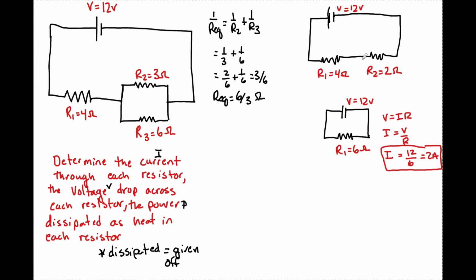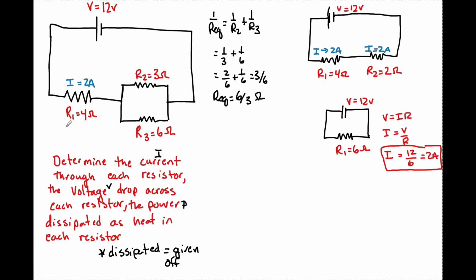So if I go up to this one that I just did right here, I now know that the I through this resistor is 2 amps and the I through this resistor is 2 amps. So that allows me to find one of the currents. I now know that I here is equal to 2 amps. Now that is not going to be true for these two, but I definitely know that here.